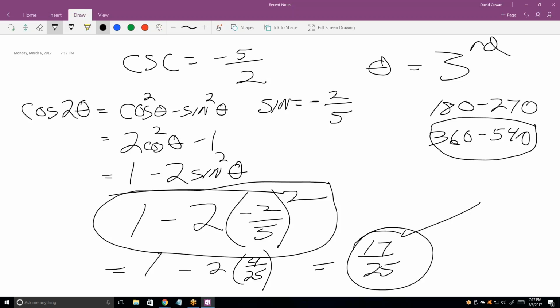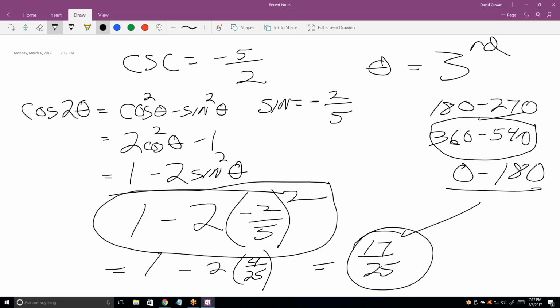In other words, if I had gotten a negative answer, it would have been okay because 360 to 540, first of all, do you understand that's the same as 0 to 180? Yes. So it could be first or second quadrant. If we know theta's in the third, then 2 theta has to be either the first or the second, and we don't have to know which it is.